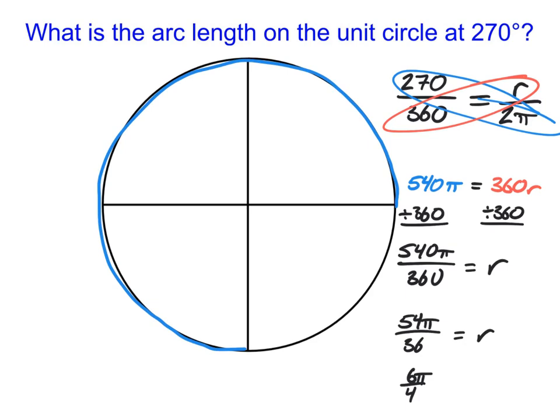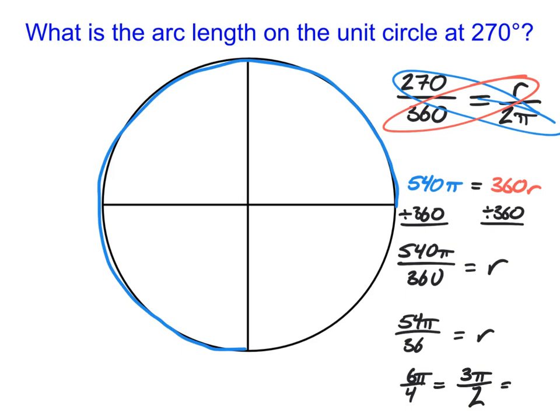So 6 pi over 4. And this is looking pretty good. But it actually still reduces one step further, because I can still divide both top and bottom by 2. So notice when reducing, yes, you can go ahead and just take it in phases. You don't have to figure out what's the biggest one that goes into both of them right away.